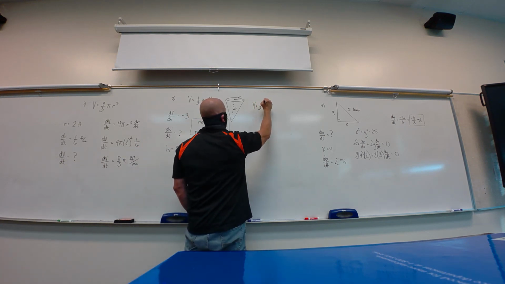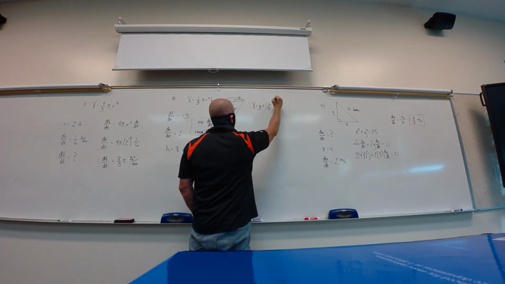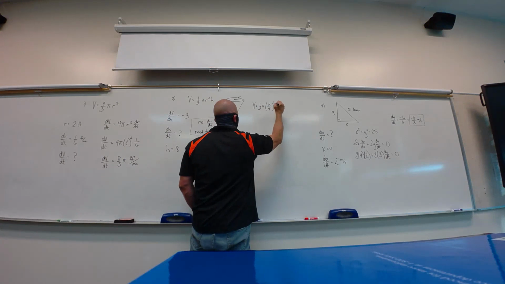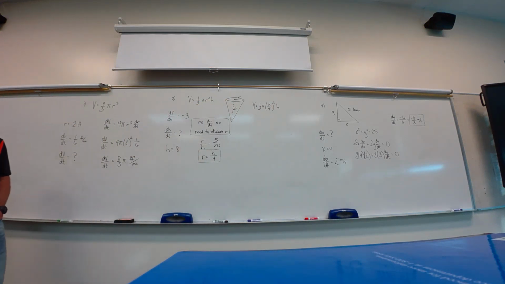My volume's 1/3 pi (H over 4) squared times H. So I've substituted H over 4 for R. Now look at it. I have two variables. I'm going to simplify, but I still have two variables. I got an H and a V. I have two rates. One I'm given, one I'm looking for. I'm okay with that.